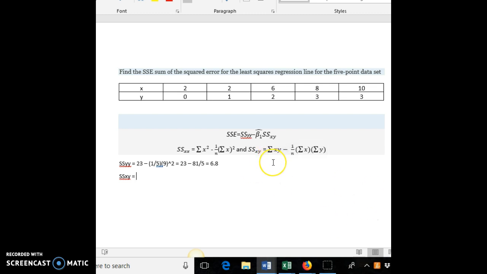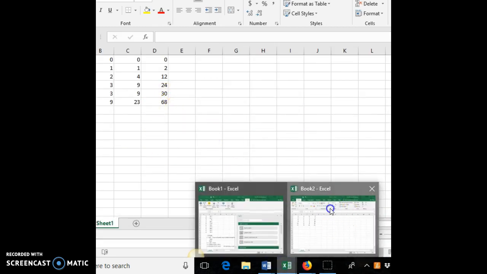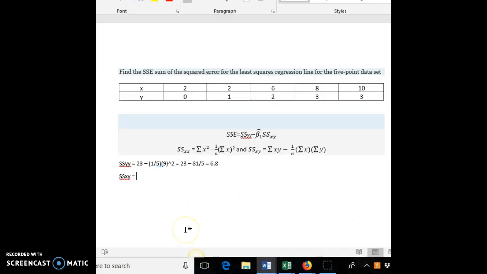We want the sum of the XY column. That's that last column we made, so that is 68, the sum at the bottom. So we're going to have 68 minus, again, 1 over n, which is 1/5, times the sum of the x column times the sum of the y column.